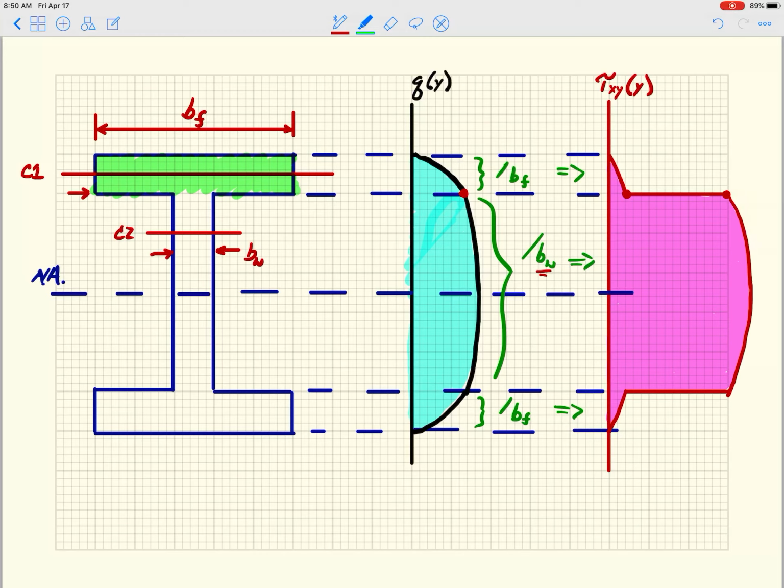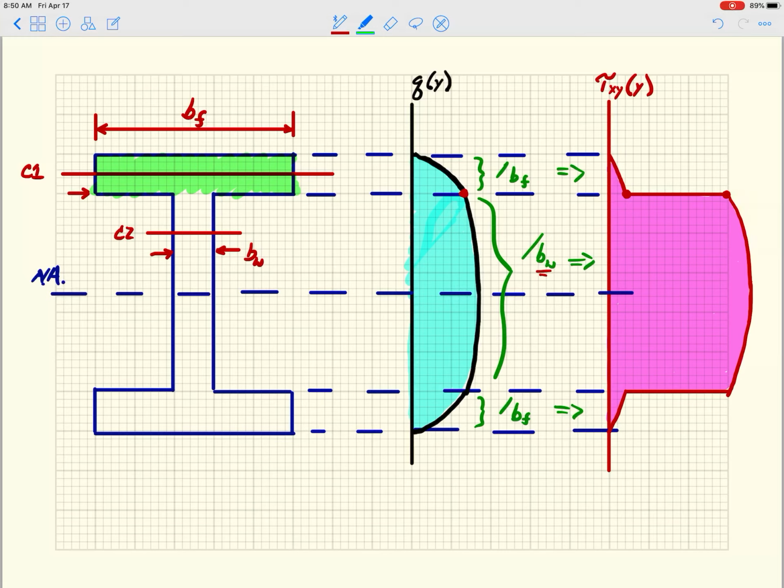So my Q is increasing significantly. The way you want to think about that is that there's a lot of material there that is subjected to some shear stress, so I'm collecting a lot of shear flow. In a thick part, where the width is relatively large compared to other portions of the cross section, you would expect the shear flow to actually be fairly steep.